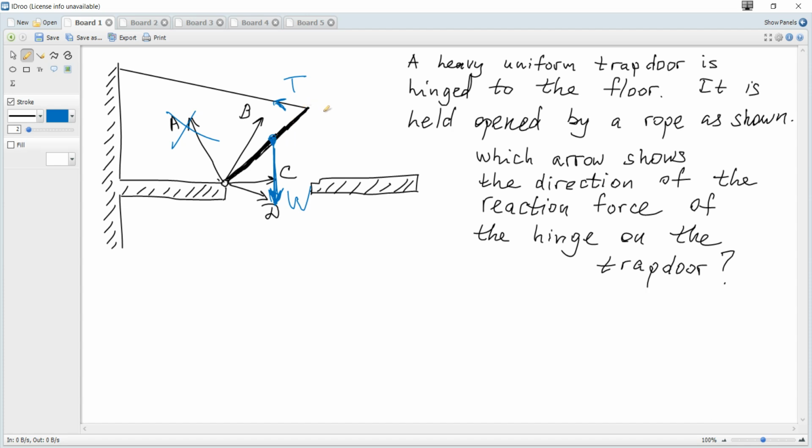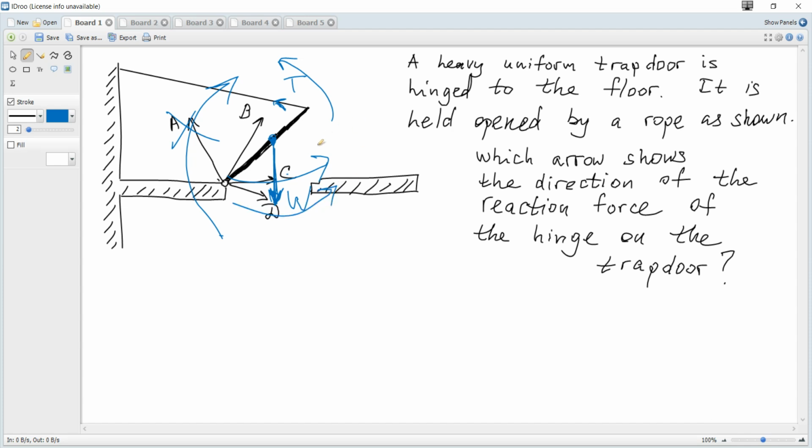We can see that there is a torque or moment of force of this tension, which is anti-clockwise. And to be in rotational equilibrium, there must be a balancing clockwise moment of force.